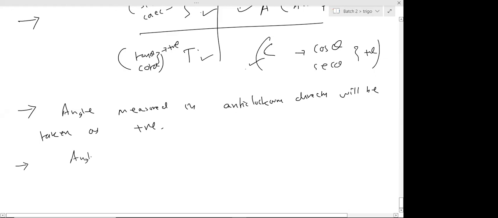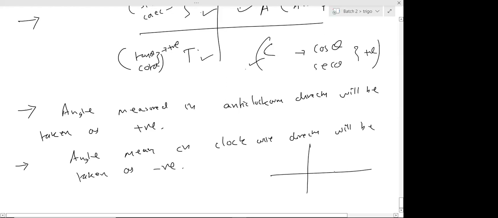Angle measured in clockwise direction will be taken as negative. What this means is you are standing here.